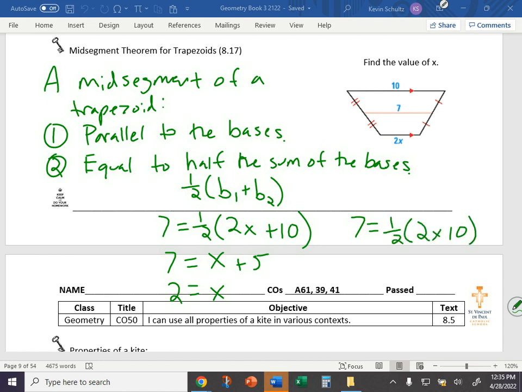What else could we do here instead of distributing? If 7 is half of 2x plus 10, what does 2x plus 10 equal?